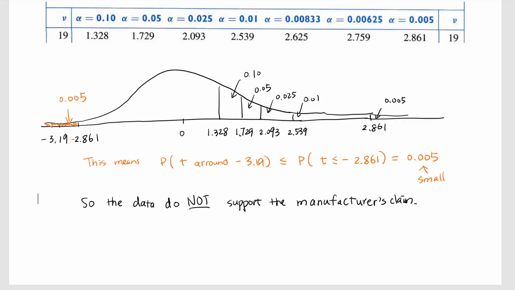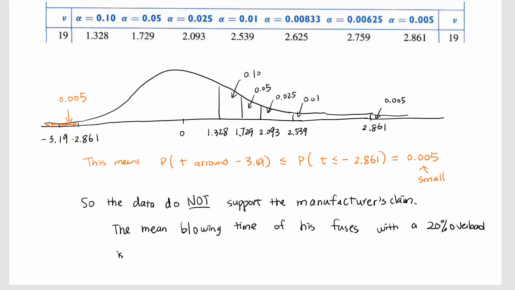That means the mean blowing time of his fuses with a 20% overload should be less than 12.4 minutes.